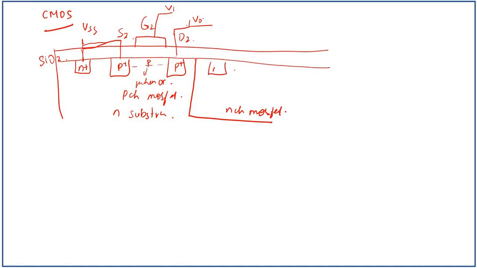Here we have an N plus region and another N plus region, which is the drain 1 connection, connected to V0, and this is the gate 1 connection, connected to the same VI voltage. This is the source 1 connection, given to another P plus region connected to the ground. Source 1 is connected to ground.